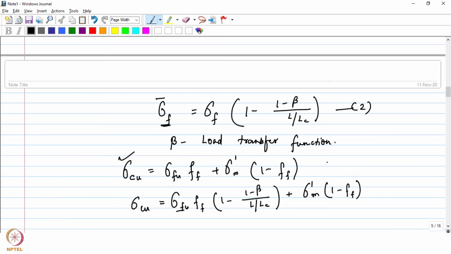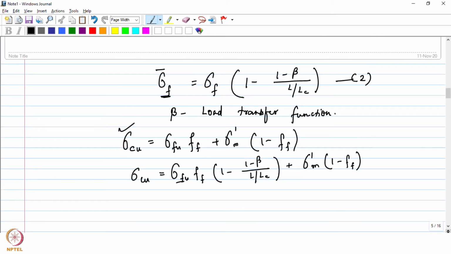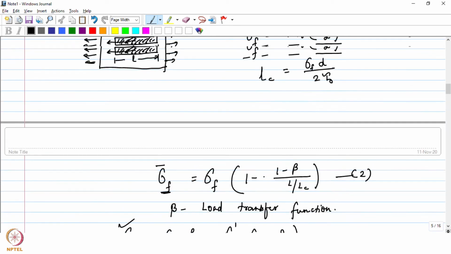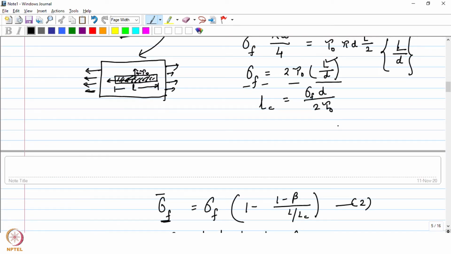So from here, you can see that the discontinuous fibers with a smaller length will always produce less strengthening than continuous fibers. Okay. Because here it is there in the denominator, right? The L by D. LC contains the D factor, as you could see from here, right?